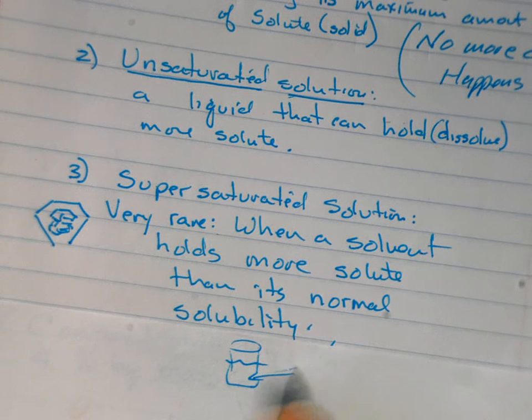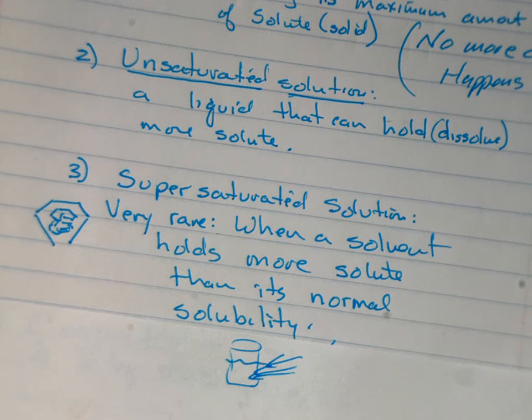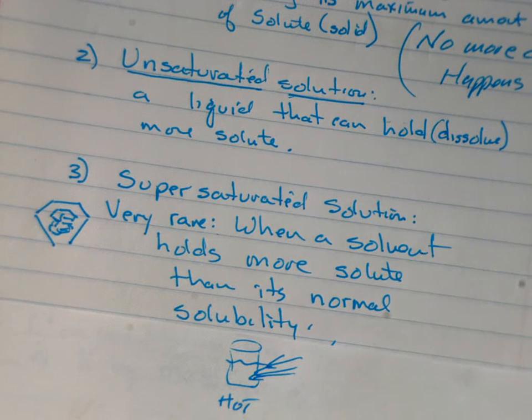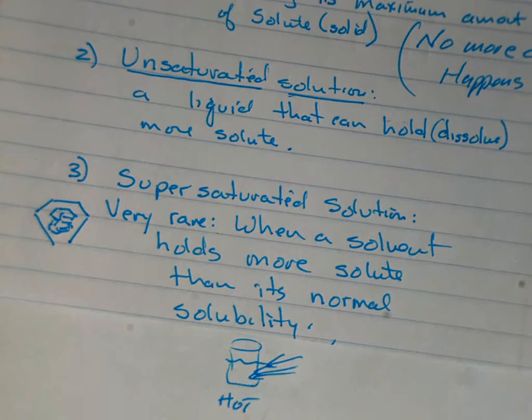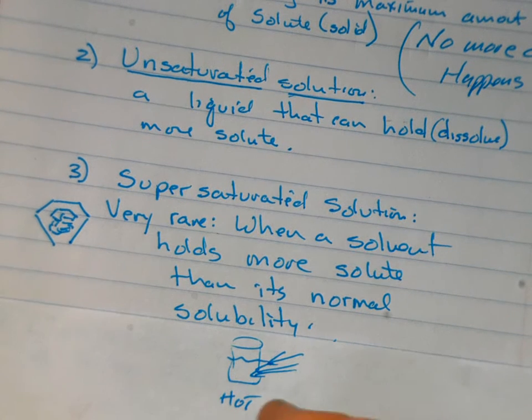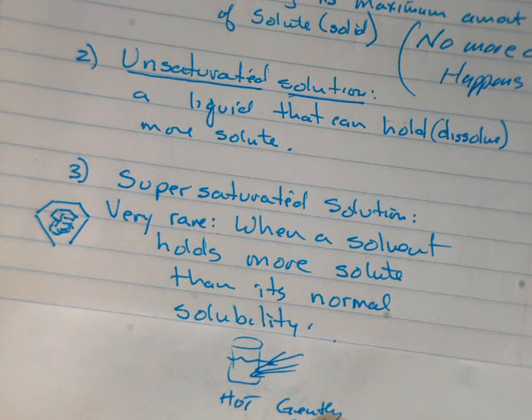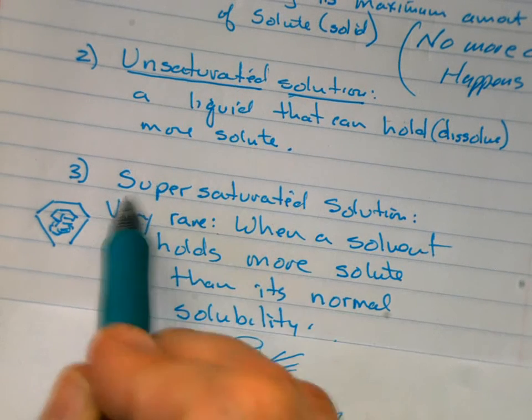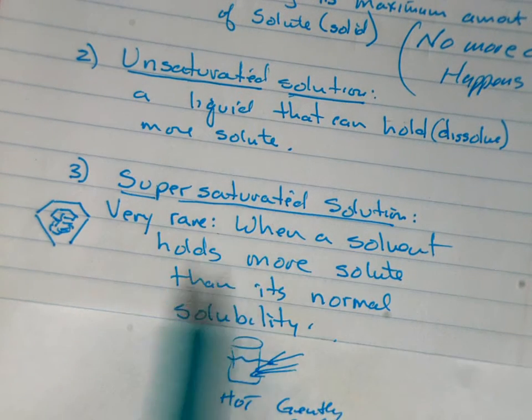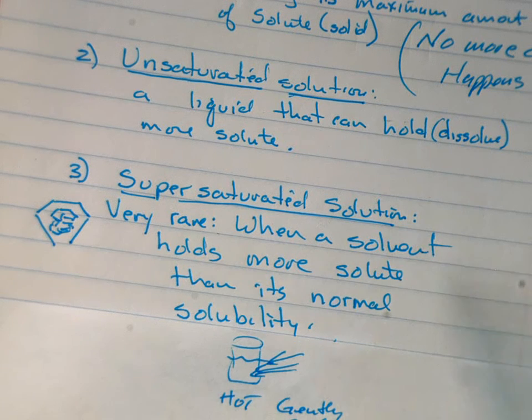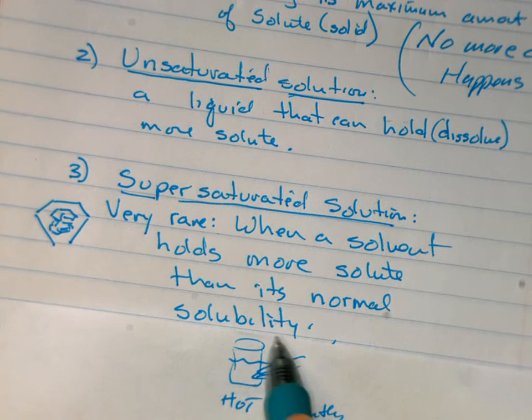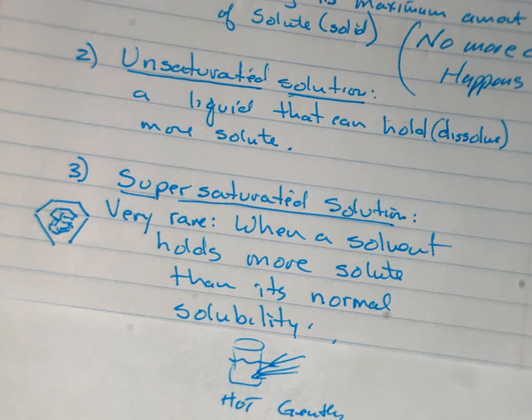You put more chemical into them than they can really hold. Usually they have to be hot when you do it. And then as you cool it, you gently cool it. You don't have to write this down. I'm just kind of talking to you. So, a supersaturated solution, very rare, when a solvent holds more solute than its normal solubility. Okay, its ability to dissolve stuff.